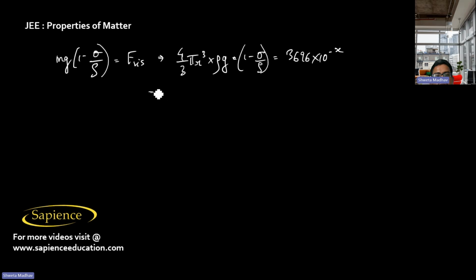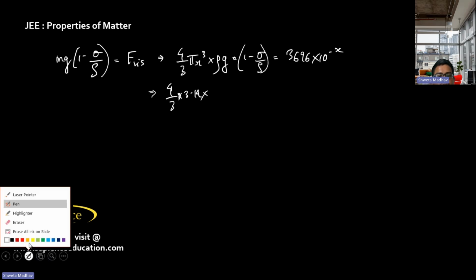So therefore, instead of 4 by 3 into pi, now pi we have to take as 22 by 7, it has been told.